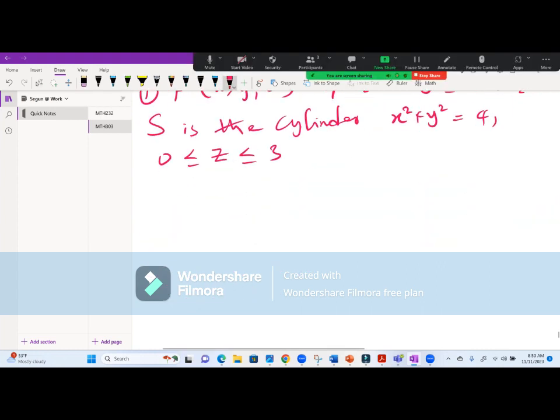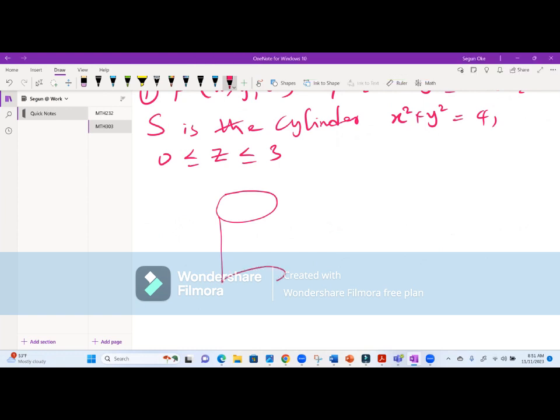When you have a cylinder of this nature, these are the things you can use to describe your solution, it will go a long way if you do that. Let's say it touches a particular point.